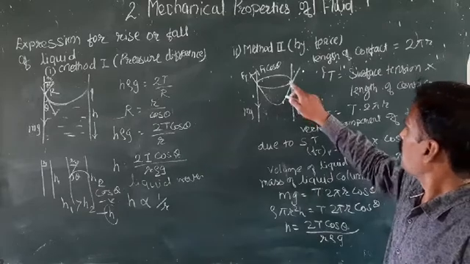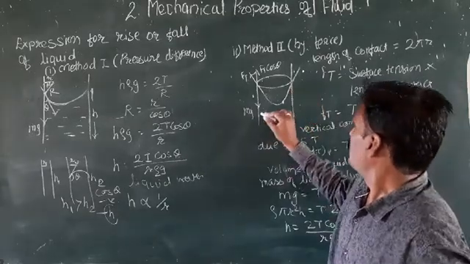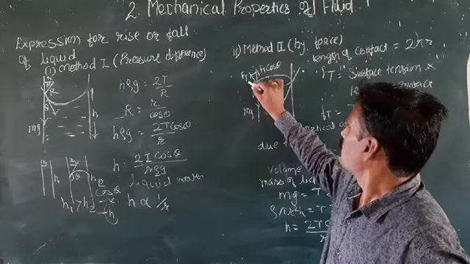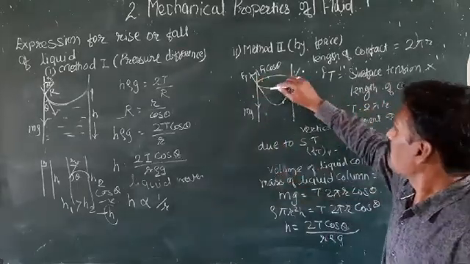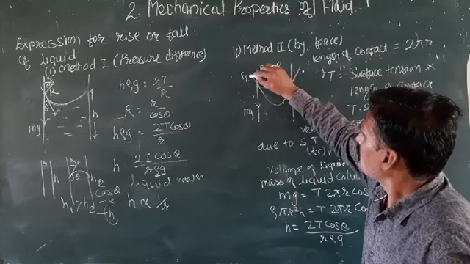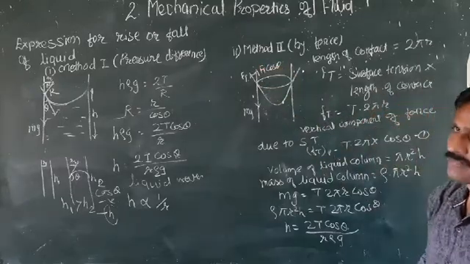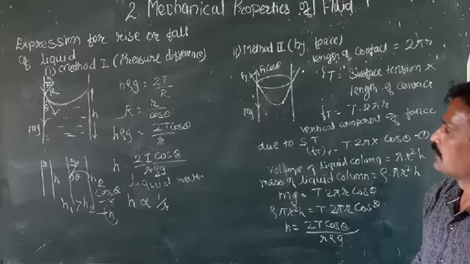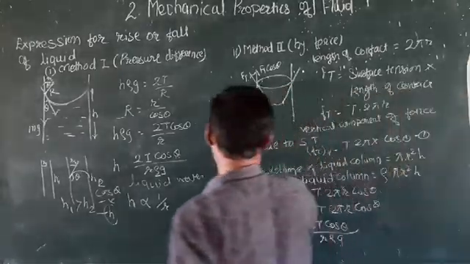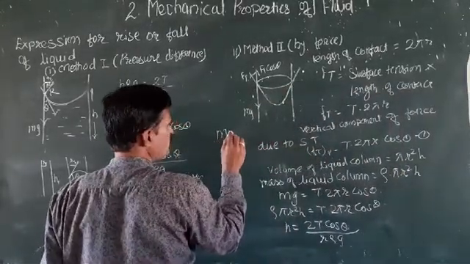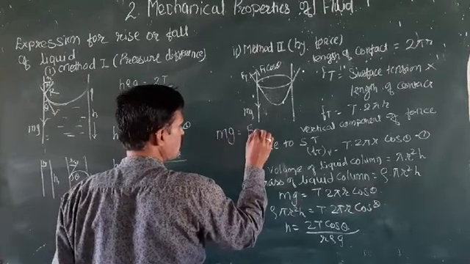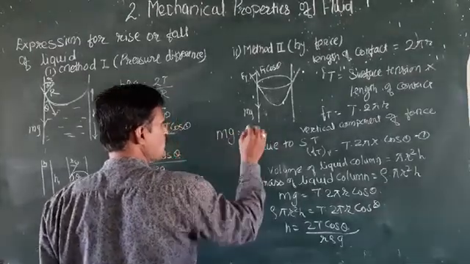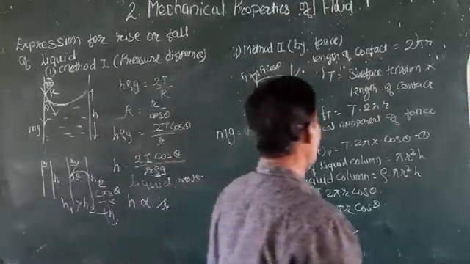Now, in this case, the force due to the surface tension acts in the tangential direction. Here we have seen that the weight mg is balanced by the tangential force due to the surface tension.